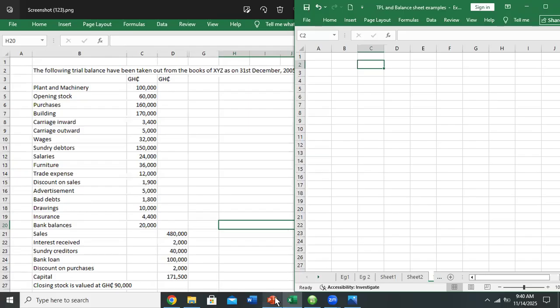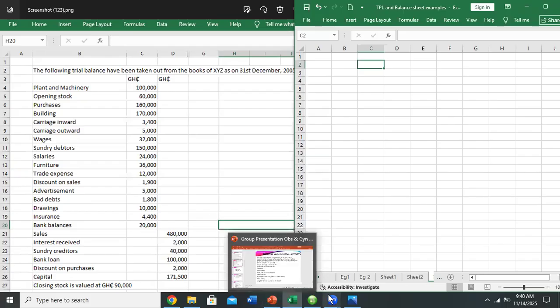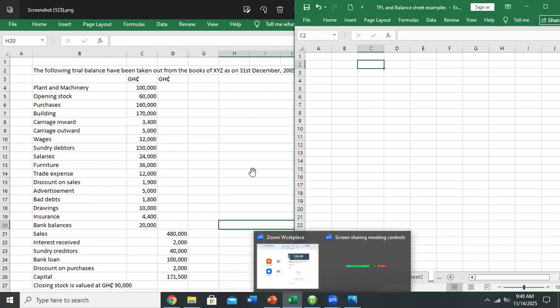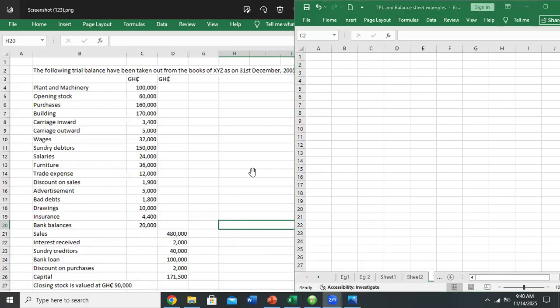Professors, discount on purchases is the same as what? Any idea? Discount on purchase.